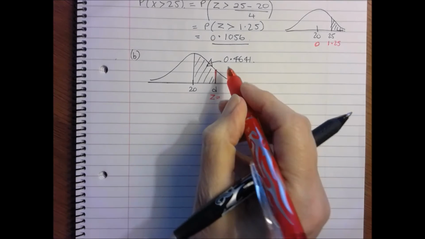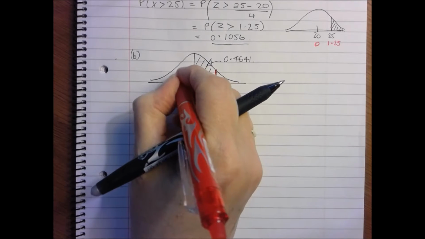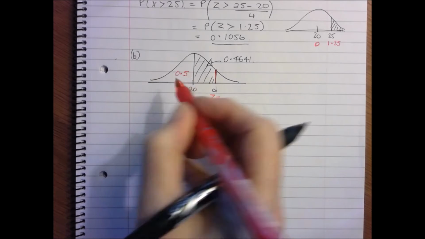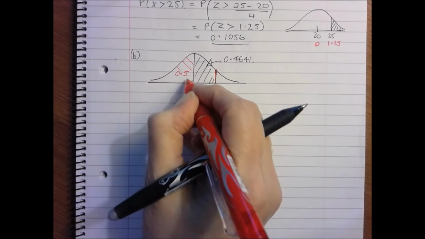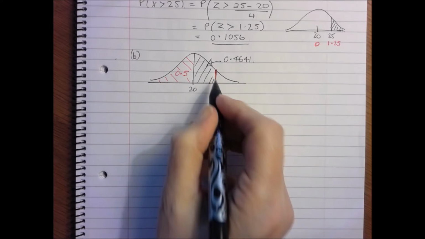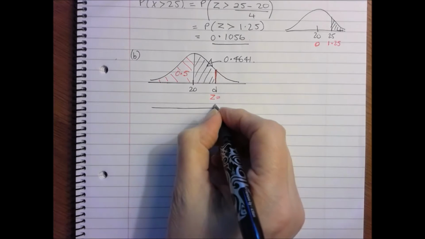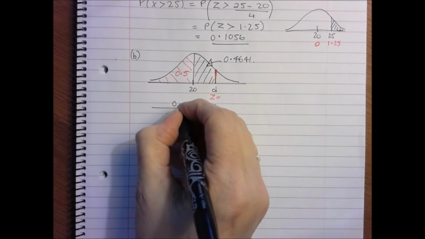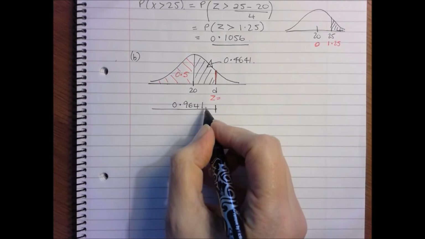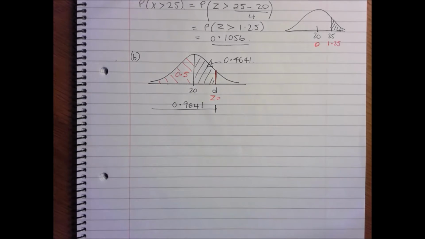So if this is 0.4641, the mean is halfway, so this probability in this area down here is going to be 0.5. So my total probability up to this point is going to be 0.9641. And I need to put that into my calculator to find my z value.